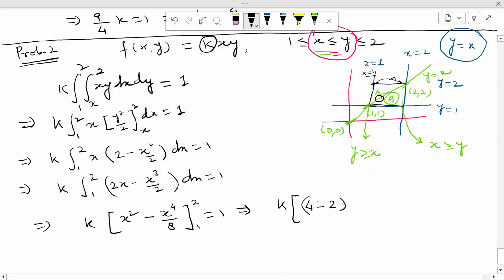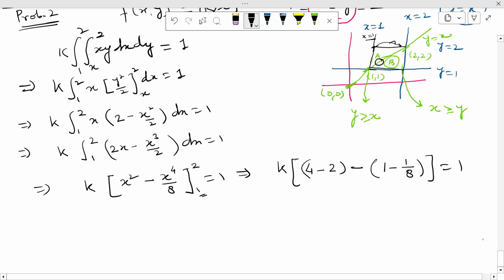This is the value of our expression at x equals 2. Minus, we subtract the value at the lower limit 1, which is 1 minus 1 by 8. So 4 minus 2 is 2, minus 7 by 8, which is 9 by 8.